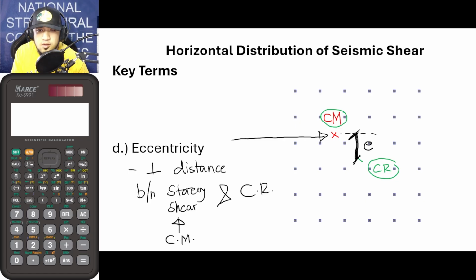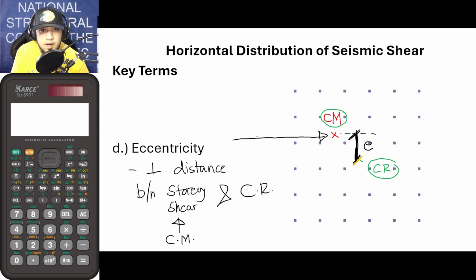Take note, guys, it must be perpendicular to the shear force. Meaning, if the earthquake or the load is acting towards this direction, then this is now the value of the eccentricity. Let me just erase this first.